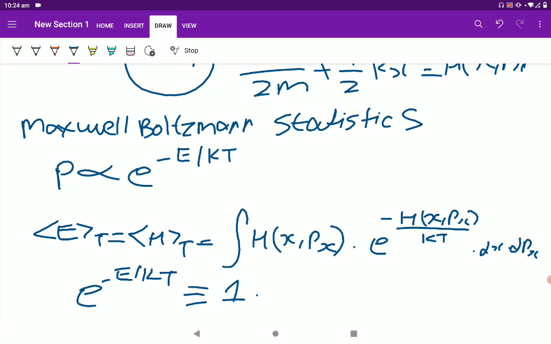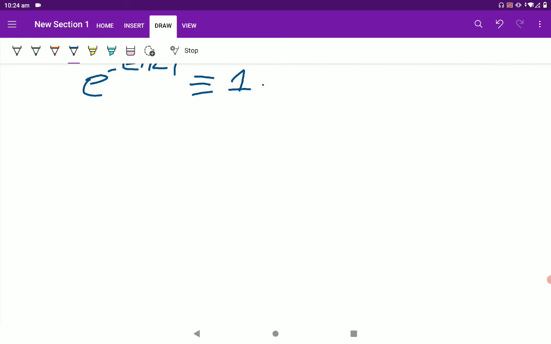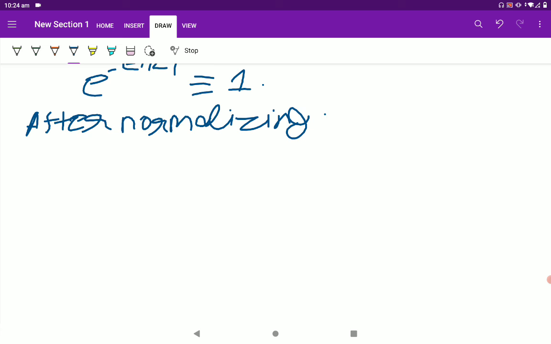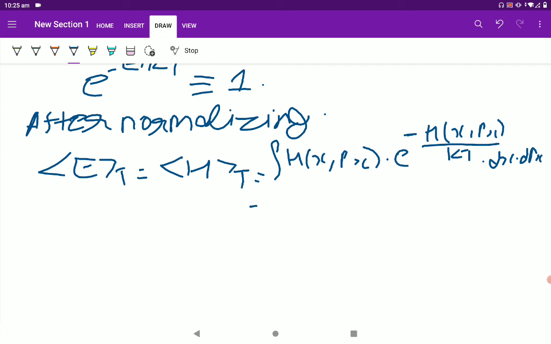After normalizing, we are going to get this equation: the integral over phase space multiplied by the probability of the state having this energy.